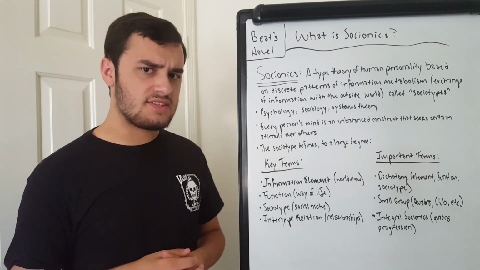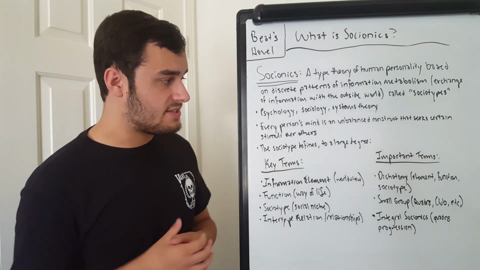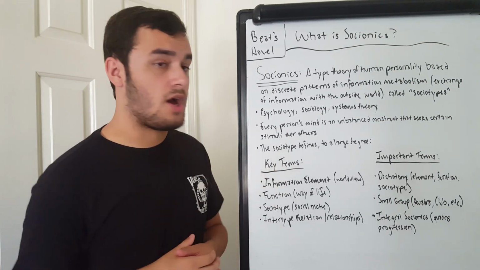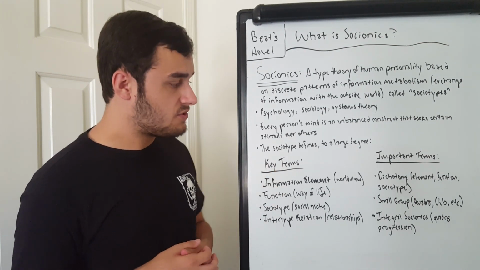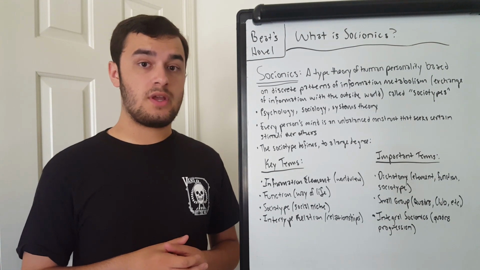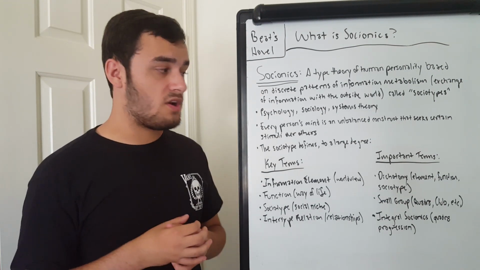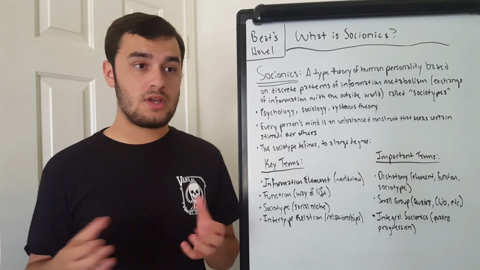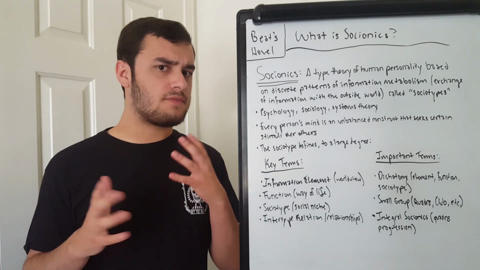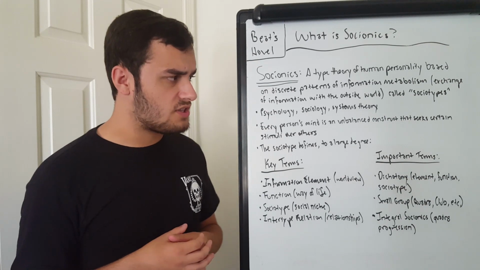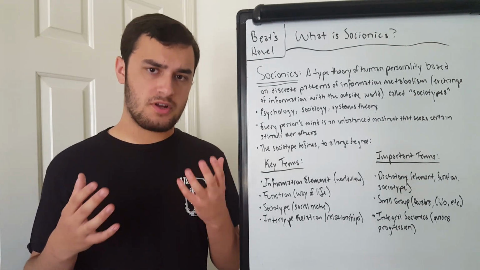And the main thesis of the sociotype is that every person's mind is an unbalanced construct that seeks certain stimuli over others. That every person has a lopsided construction in their mind, that they want to seek certain information over others. They have different goals than others, different agendas, different things that they want to take care of and that they prefer in their lives.